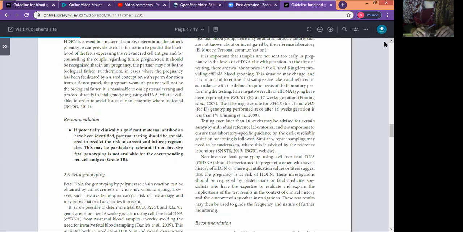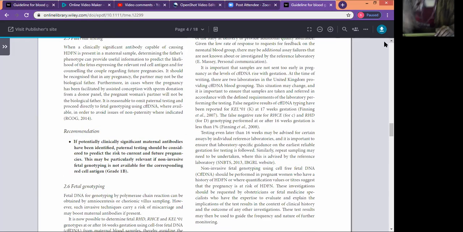We should also first confirm with the lab at which stage of gestation they accept samples. For example, there may be labs that accept samples at 17 weeks of gestation and so forth, and they may have values for cell-free fetal DNA at certain weeks of gestation.